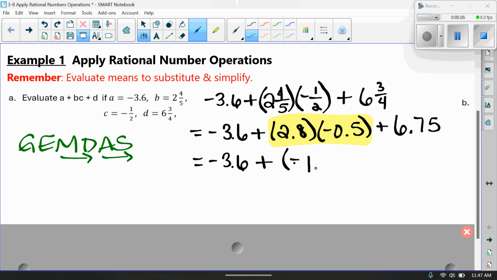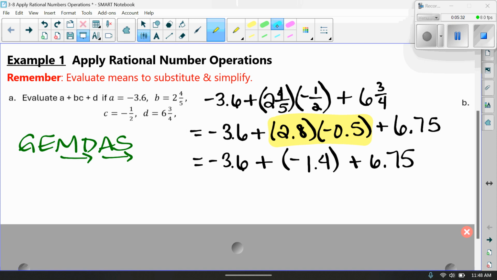Okay, and then finish it up. So we have plus 6.75. And now we can use our calculator to help us with this. So first, and again, it's addition and subtraction from left to right.